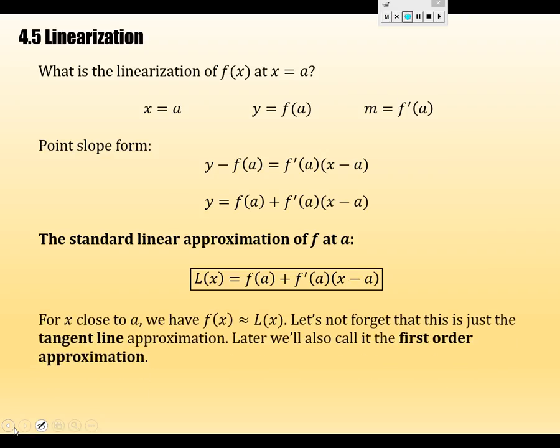So we would call this the tangent line approximation or the linearization at x equals a. Especially later in the year, we're going to call this the first order approximation, hinting that there might be such a thing as a second order approximation of a function or a third order approximation of a function.